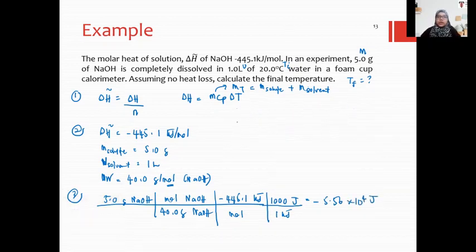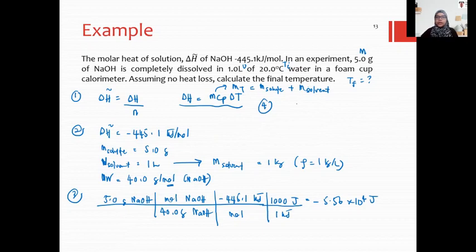Okay, next is to determine the mass of solvent. To determine the mass of solvent, we can assume the mass is equal to 1 kg by assuming that the density is 1 kg per liter. And then the last step is to insert all the known parameters to obtain the final temperature.